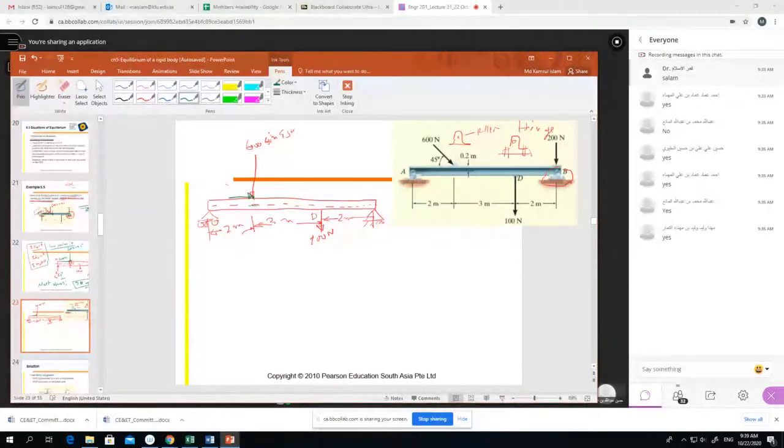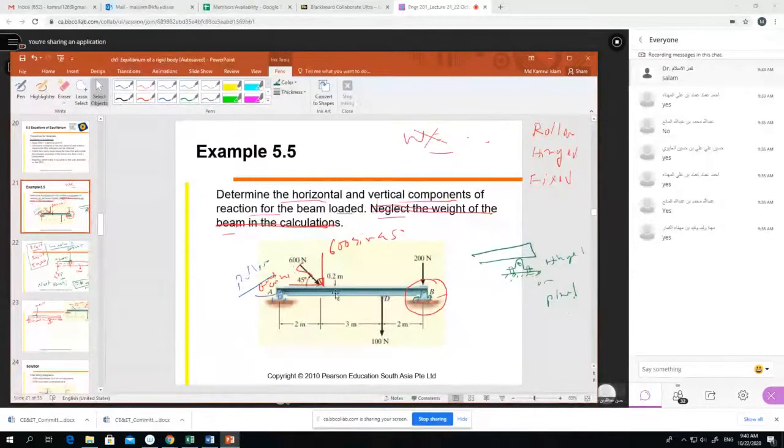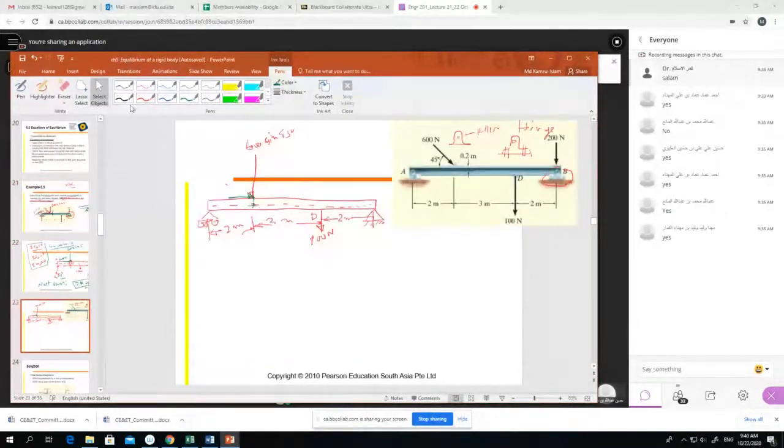What is the distance? It is written in the picture: 0.2 meter. This is very important. Most of the students make the mistake here. So this 0.2 meter distance is between these, and here 600 cos 45 degree, right?